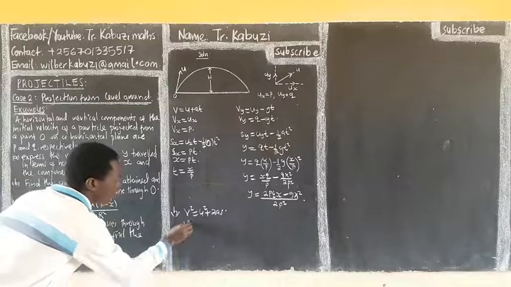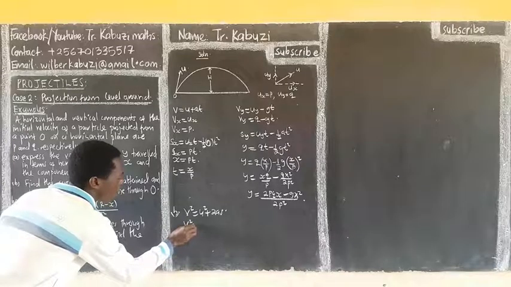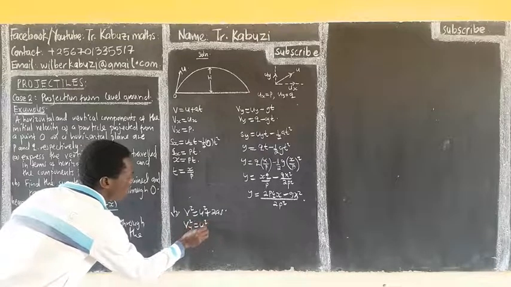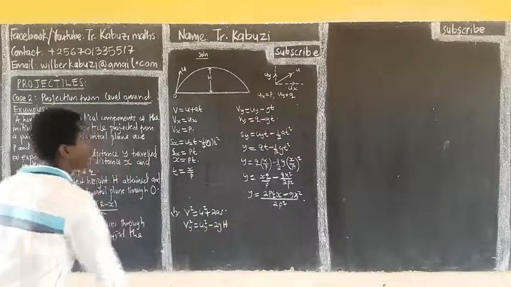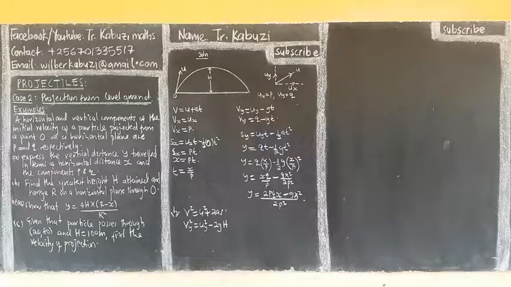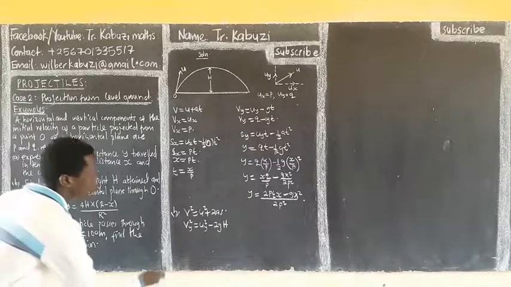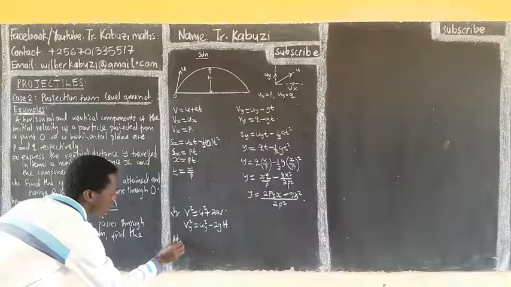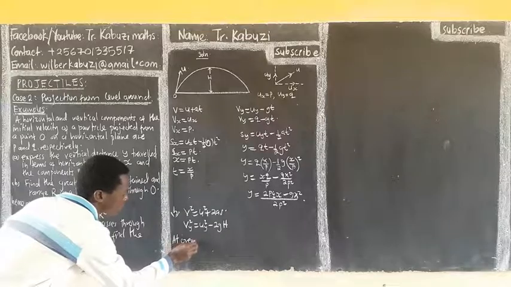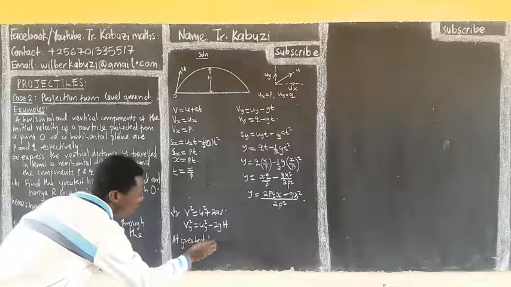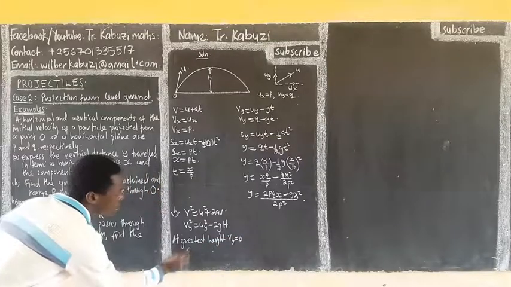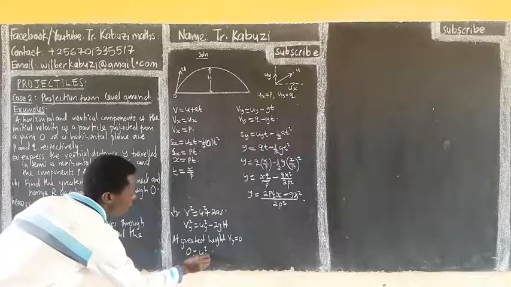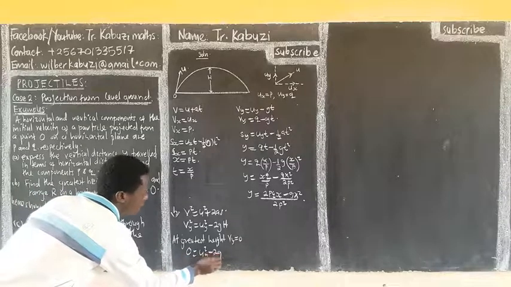So v squared y equals u squared y, then minus 2gh. At the greatest height, Vy is 0, so we have 0 equals u squared y minus 2gh.